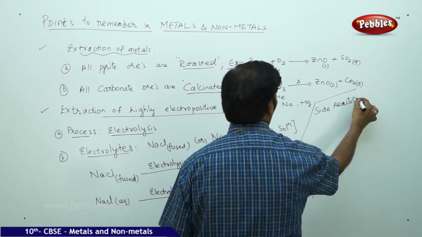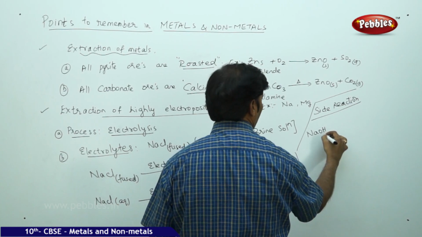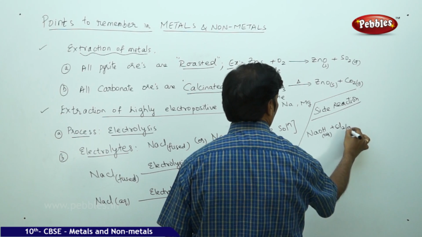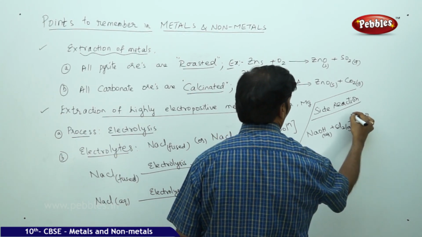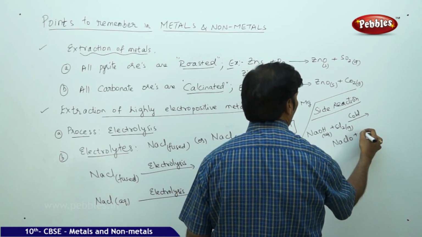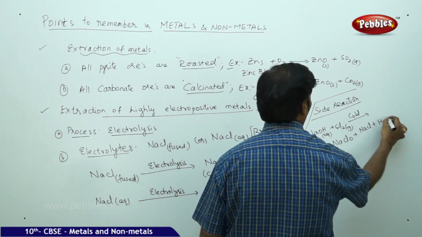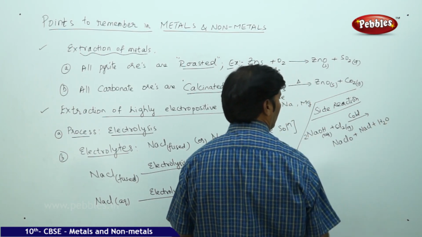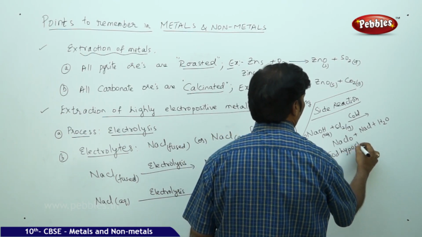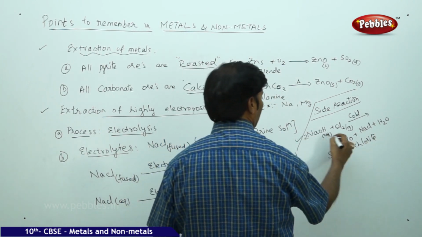In the side reaction, NaOH aqueous plus chlorine gas, under cold conditions, gives NaClO plus NaCl plus H2O. Here you can take 2, the reaction is balanced. Sodium hypochlorite is the product in the case of cold.